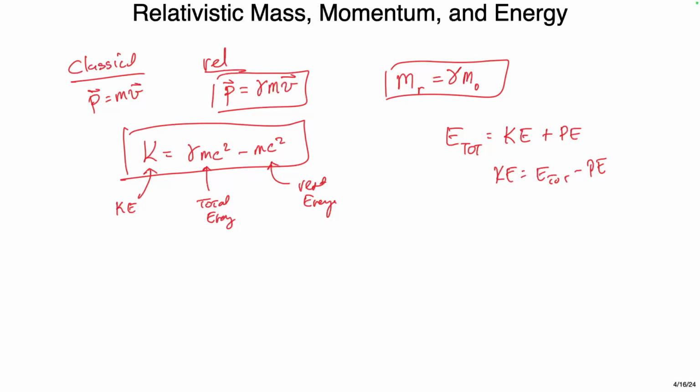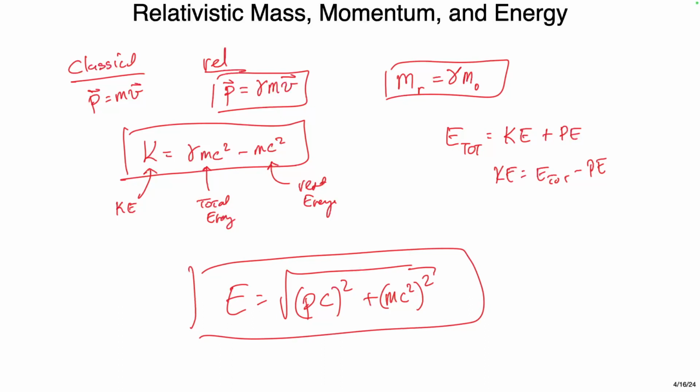So, it doesn't look like E equals mc squared, does it? Where does E equals mc squared come from? Can you see it? How do we get E equals mc squared out of that?